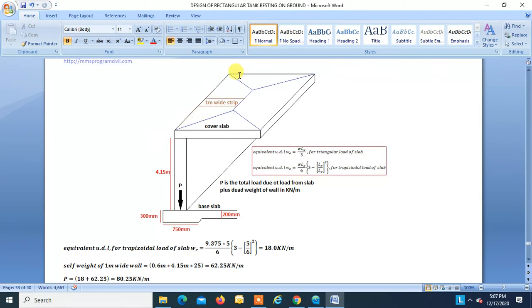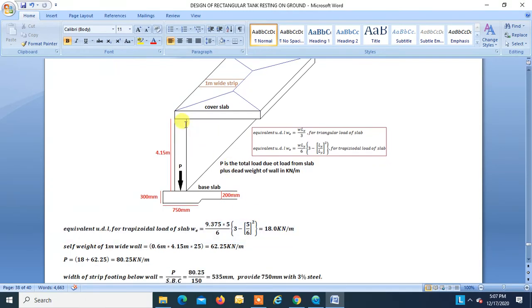So the load transferred to the wall is 18 kilonewton per meter. Now let us find the self weight. Self weight is 0.6 into height of the wall 4.125 into 25, that is 62.25 kilonewton per meter. So total P is equal to this load plus this load, that is 80.25.